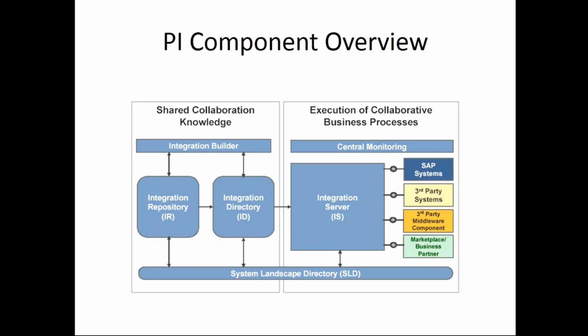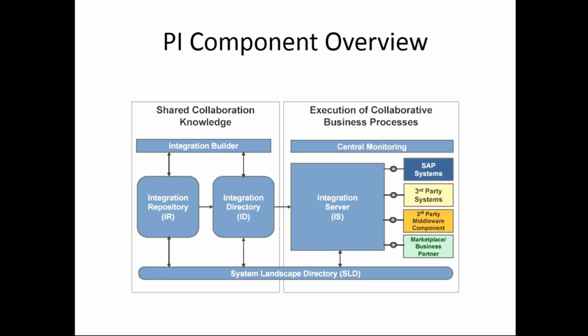You will see what are configuration and what are definition. Just wait a minute. You have the Integration Server where you are doing all the processing tasks, and you have different applications attached to it: the SAP system, third-party systems, third-party middleware components, and your marketplace or business partner.